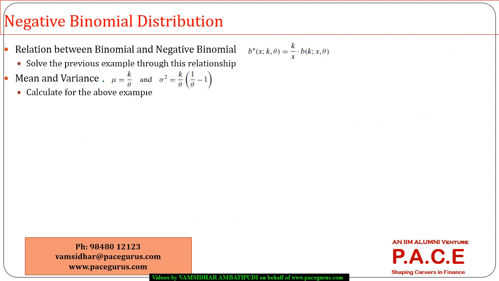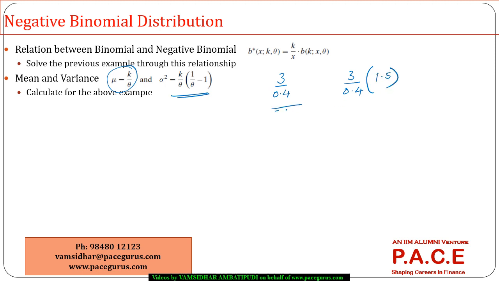Then coming to the mean, in the case of the negative binomial distribution, the mean is k by theta. So for our example, 3 by 0.4 is the mean, and the variance comes out as k by theta times 1 by theta minus 1. 1 by 0.4 is 2.5, minus 1, which is 1.5.